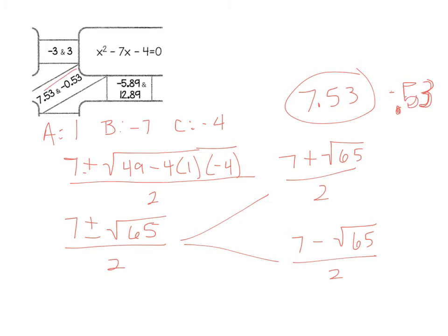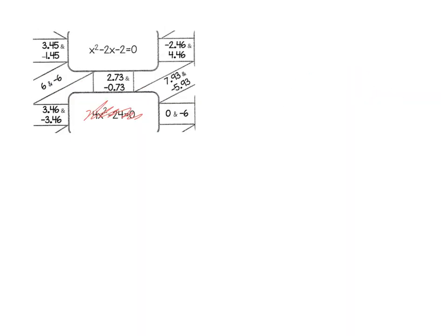And so we're going down and to the left. Alright, on this one here, a is 1. Our b is -2. And our c is also negative 2.